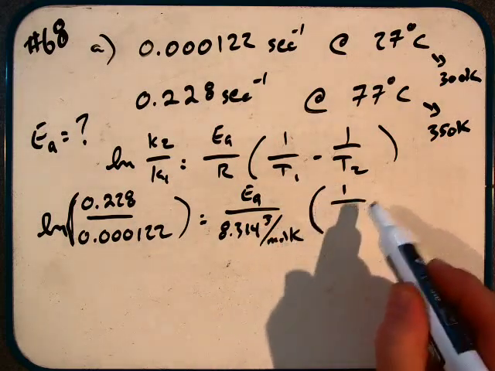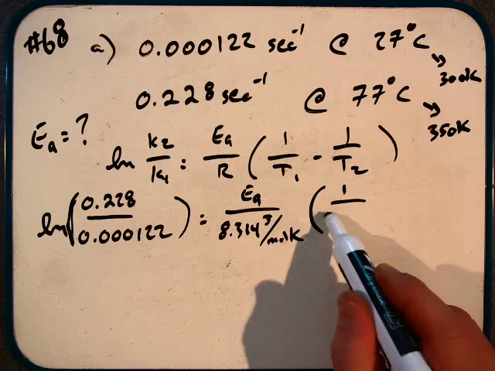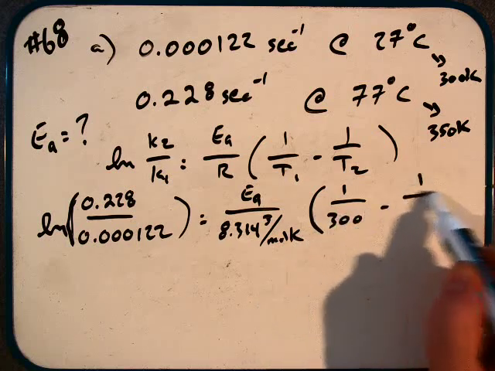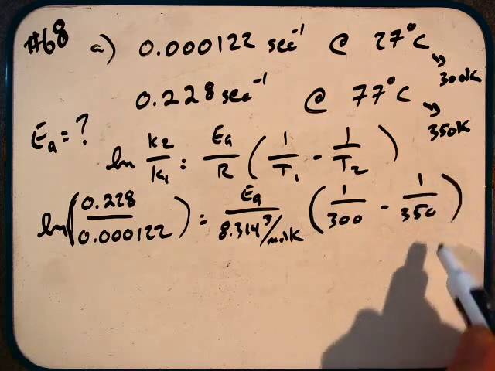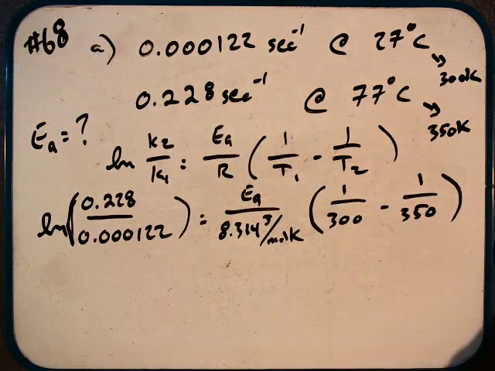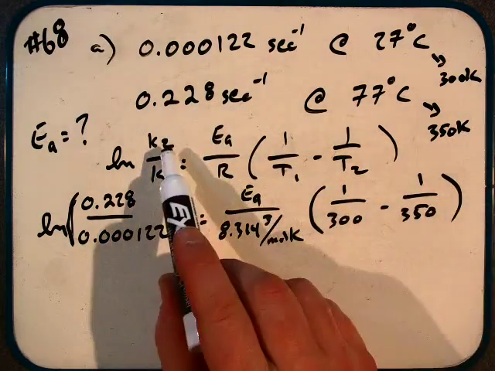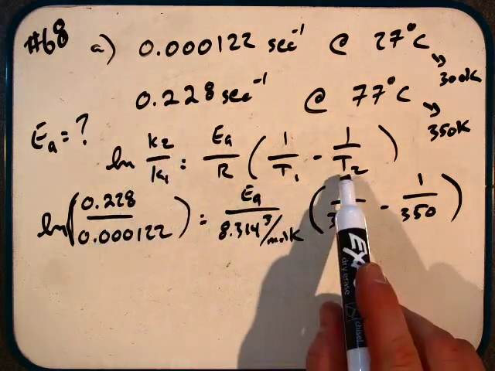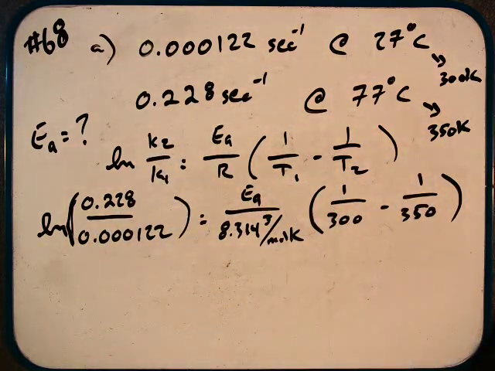And so that's why our temperatures must be in Kelvin as well. And we want to make sure that our temperature matches up with our rate constant. So our K2 is 0.228. That means our T2 must be 350 Kelvin.